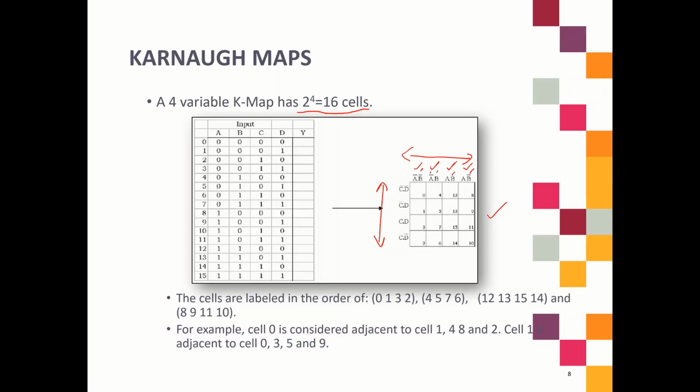The same goes for the horizontal, meaning that for 4 variable K-map you can use this kind of labeling.